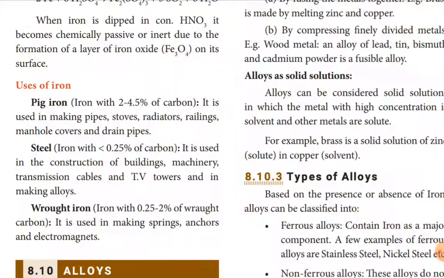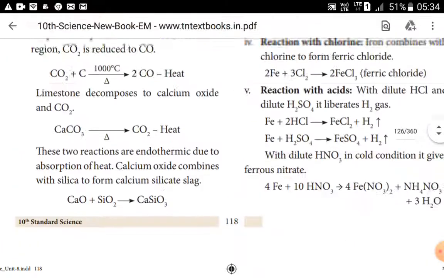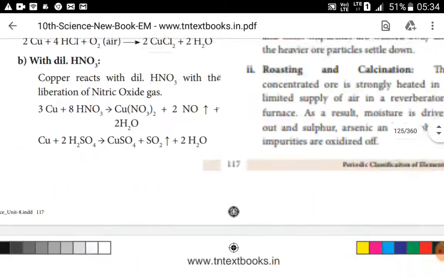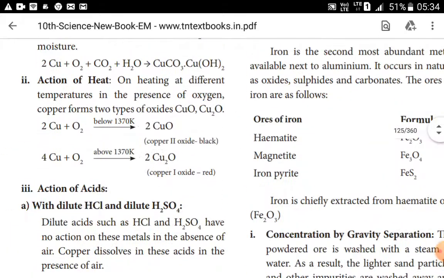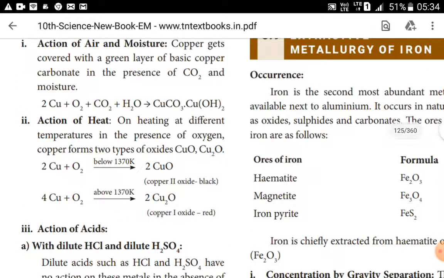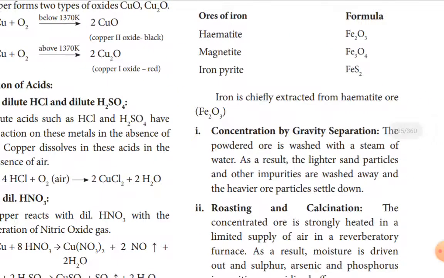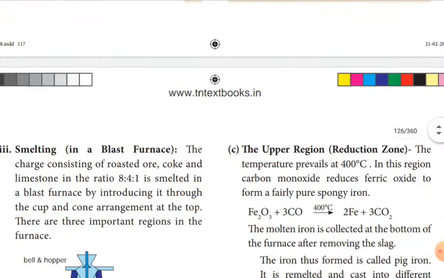So my dear students, you have to go through up to this, what we revised now. That is mainly the extraction of iron. You have to revise that the important ore is hematite Fe2O3, concentrated by gravity separation, roasting and calcination, then smelting in the blast furnace.